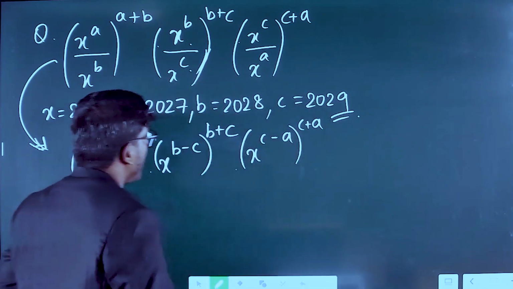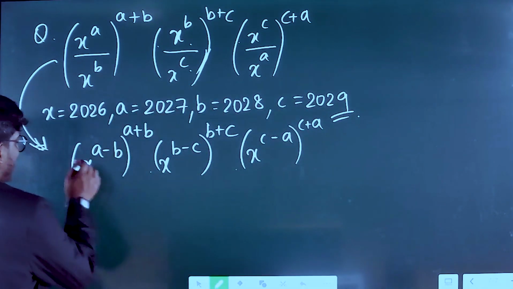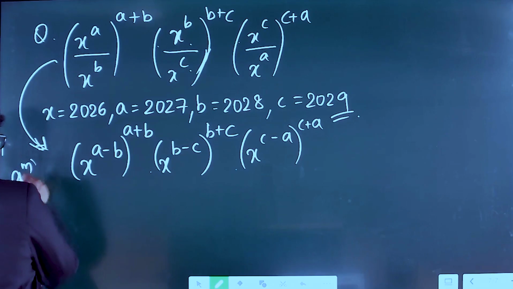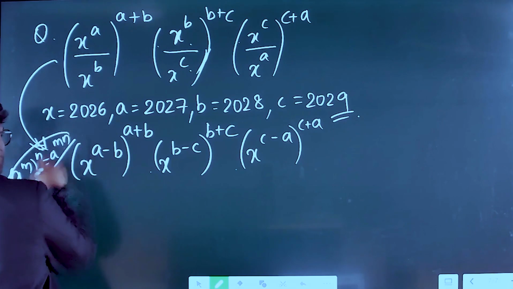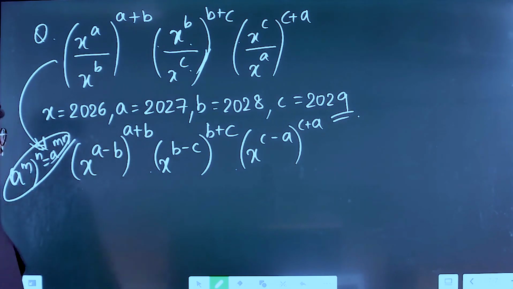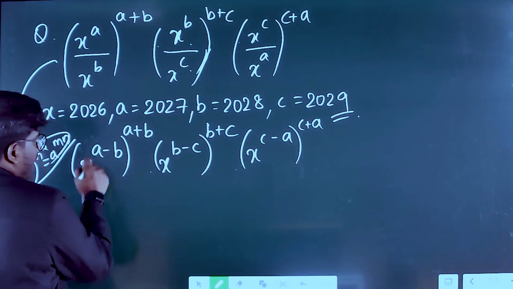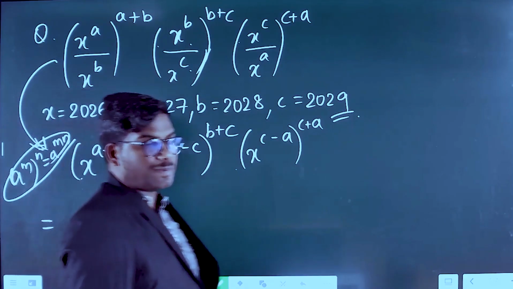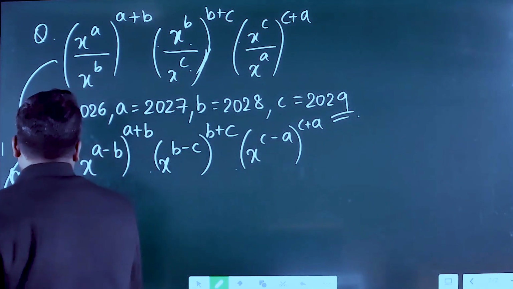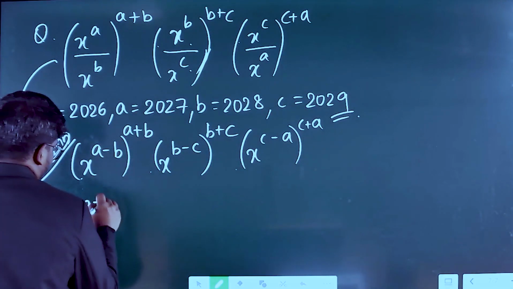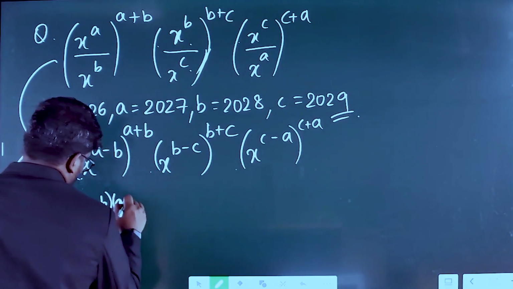Now if we solve this, a power m whole power n shall be a power mn. That is the key here. Now what will this become? x power a minus b whole power a plus b will be x power a minus b into a plus b.